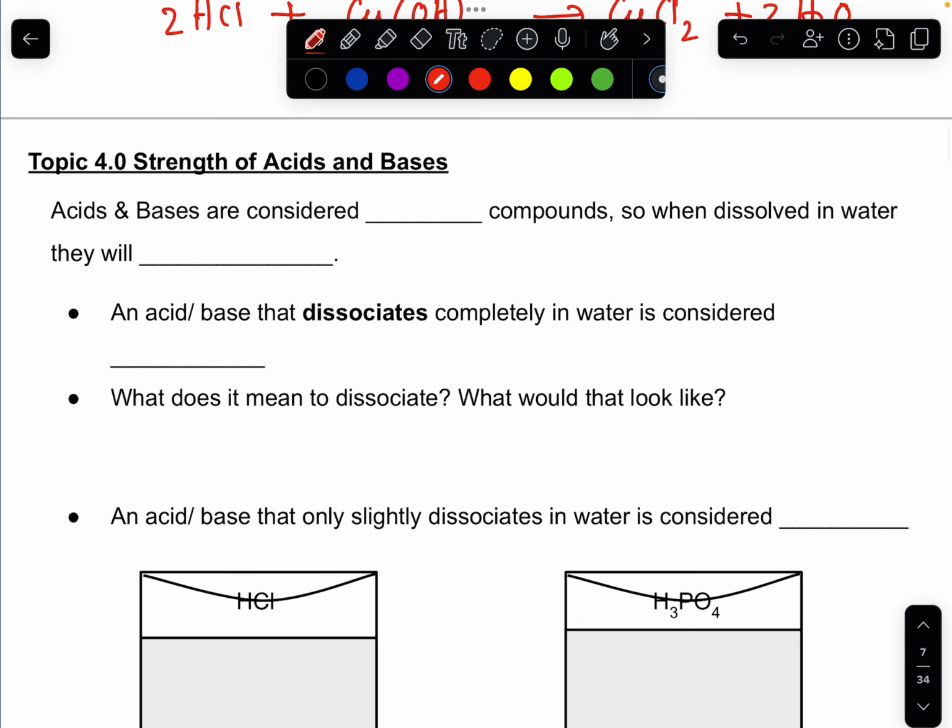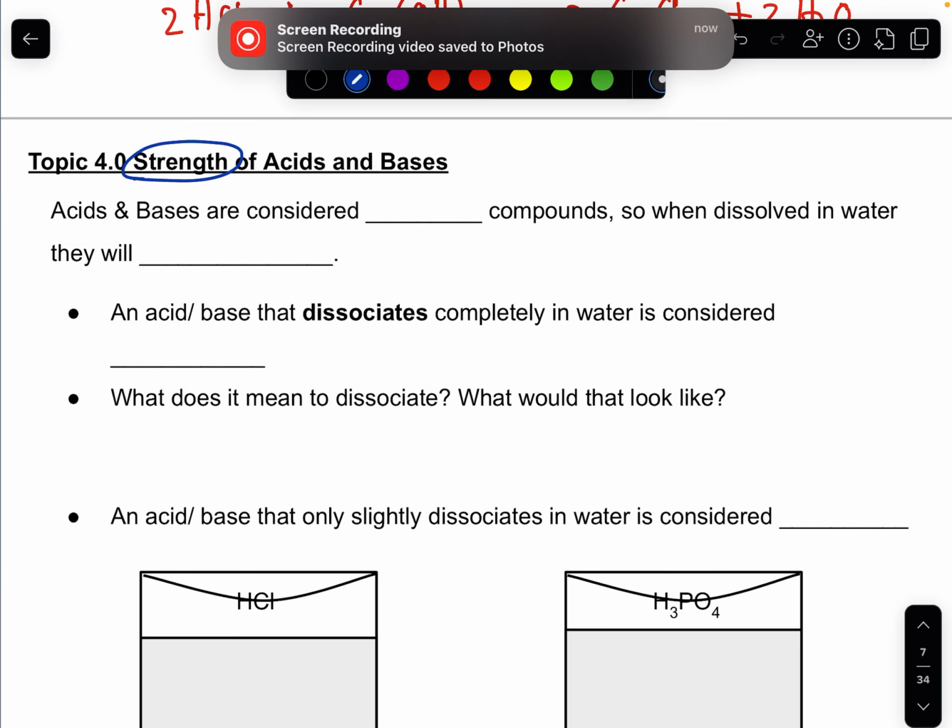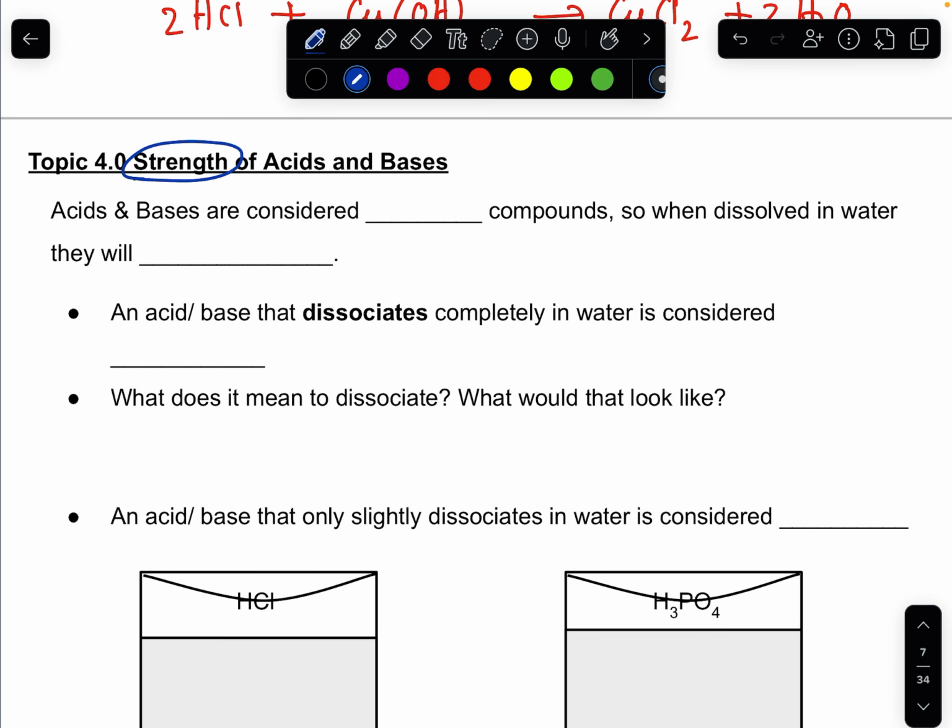Okay, next topic is strength of acids and bases. Acids and bases are considered as ionic compounds. So we may be confused: acids are basically, most of them, polar compounds and bases are ionic compounds.